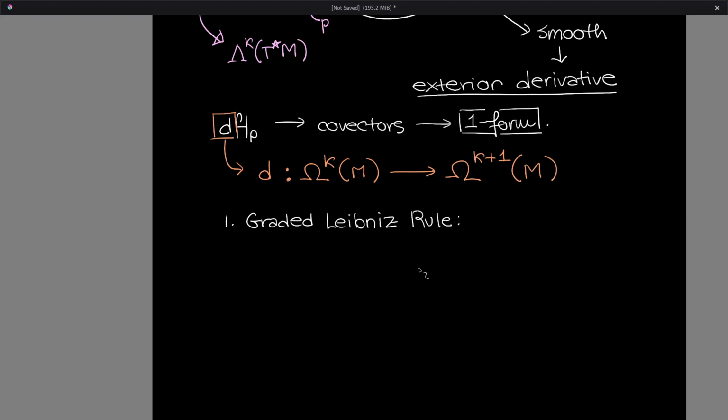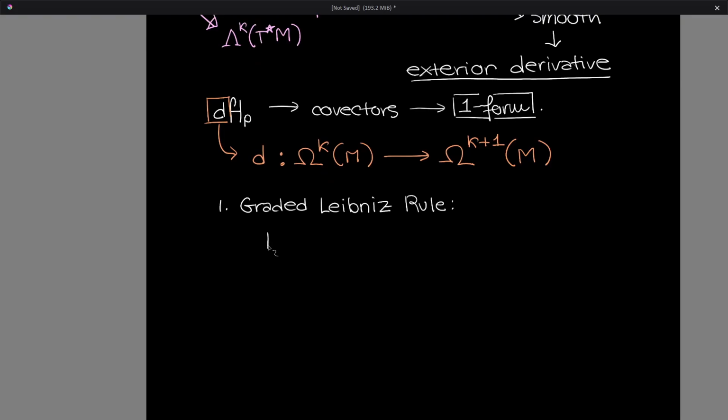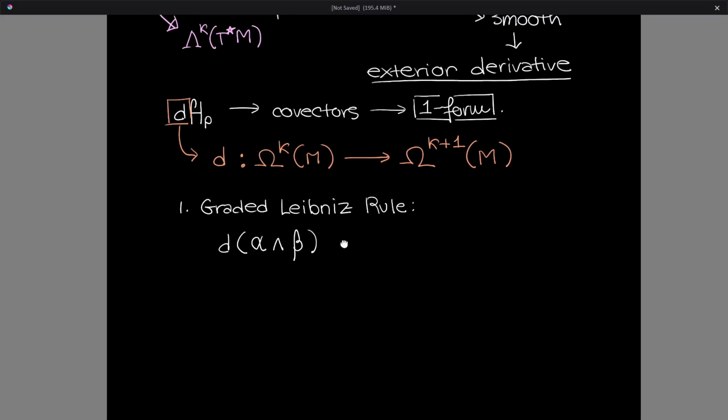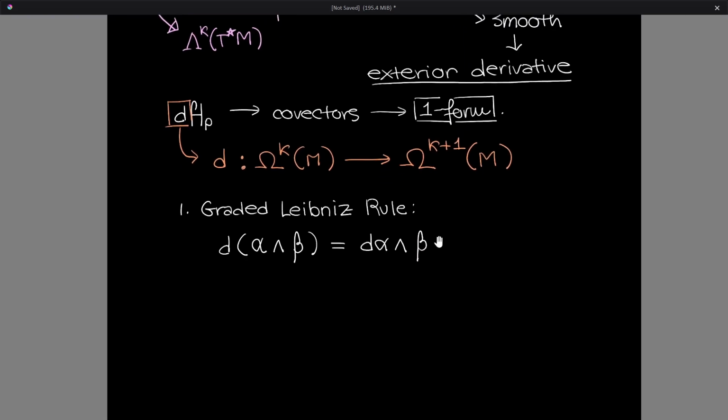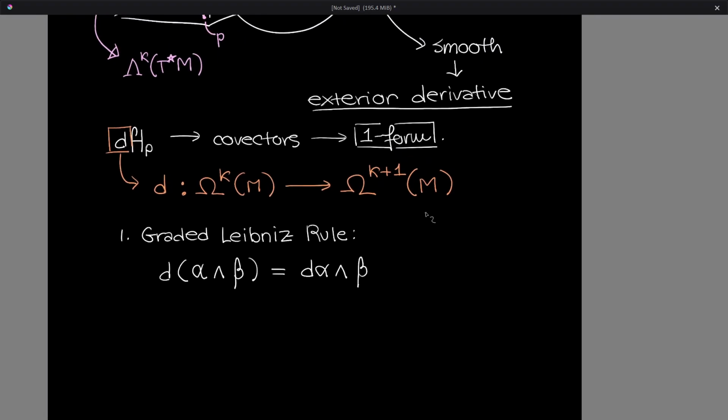So what that means is, a Leibniz rule is how do you apply the derivative over a product. So let's say I am applying it over my product, which is going to be the exterior product since we're in the exterior algebra. So this is equal to d alpha wedge beta. If I apply the exterior derivative, then what I get is called d alpha.